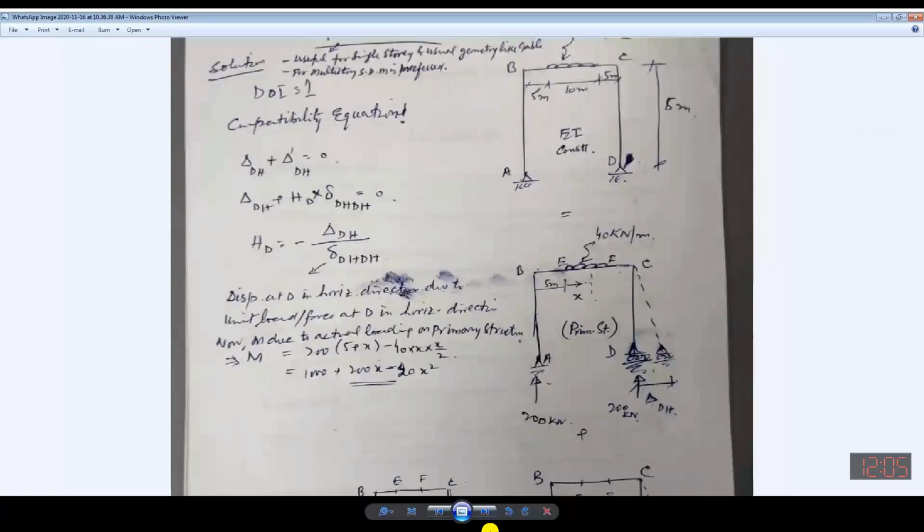ओके जी, सो ऑल दीज थिंग्स विल बी शेयर्ड विद यू, और ये आपको स्लाइडें भी दे दी जाएंगी। ये आप देख सकते हैं कि ये पहले इंक्लाइंड मेंबर था, देन ये सपोर्ट सेटलमेंट है, इसके बाद ये हॉरिजॉन्टल फोर्स लगाई गई है और इसी तरीके से मुख्तलिफ न्यूमेरिकल्स हैं.